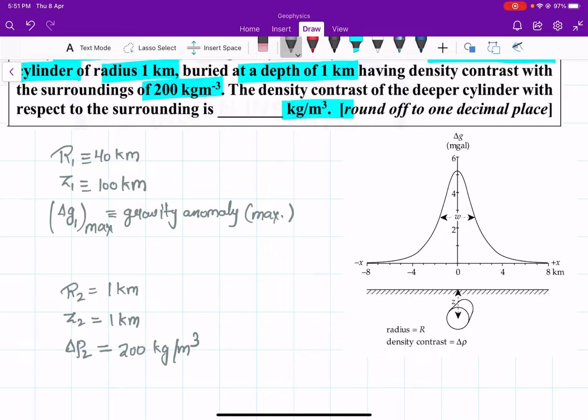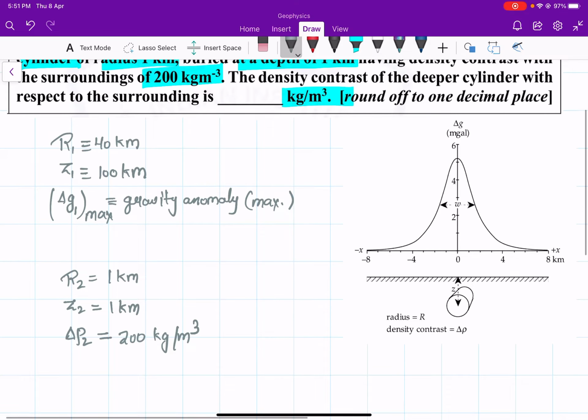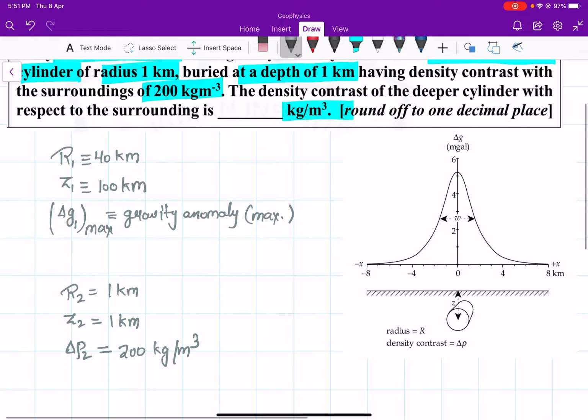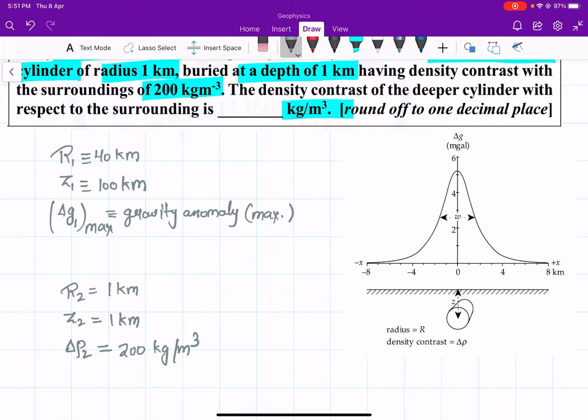We have to find the density contrast of the deeper cylinder. Cylinder 2 is the shallower one, and cylinder 1 is the deeper one.